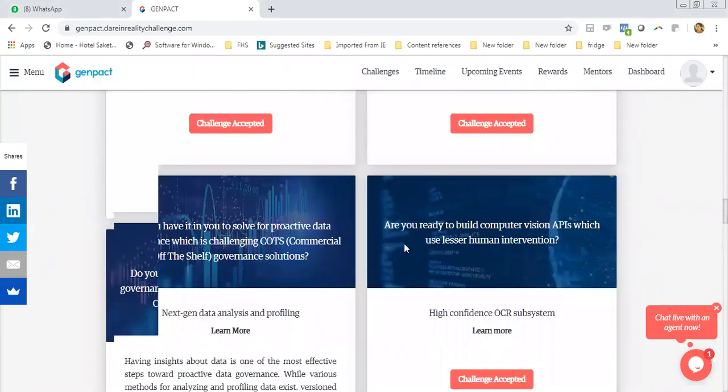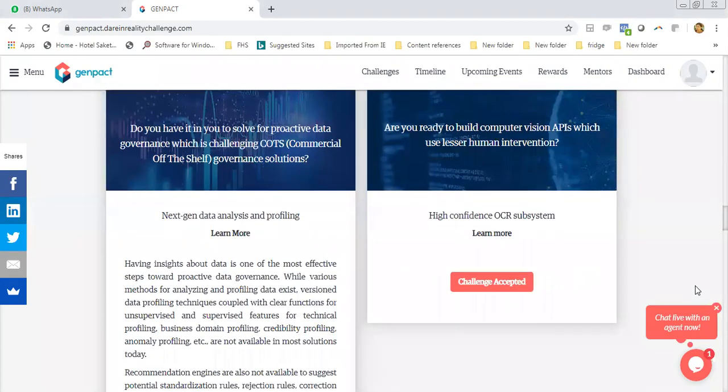I'll just hold for a couple of minutes on the data governance piece and see if anybody has any other questions. Because like I was mentioning, this is a very interesting problem.